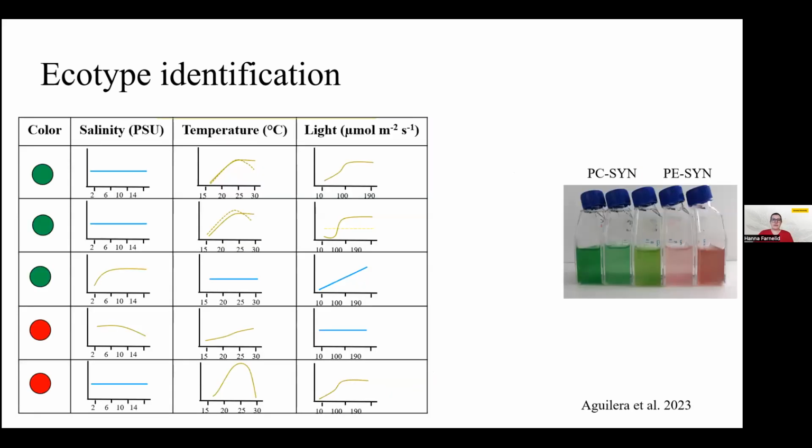My former postdoc, Annabella Aguilera, performed a large amount of experiments with these cultures to look at different salinity conditions, different temperature conditions, and different light conditions to see if there are different optima for these different strains.